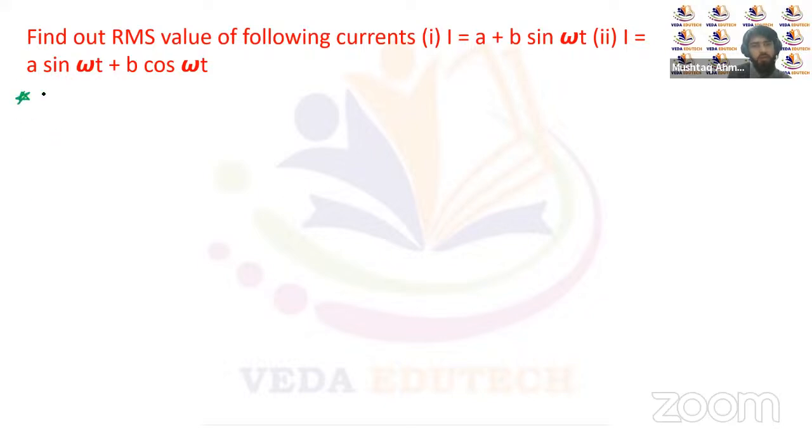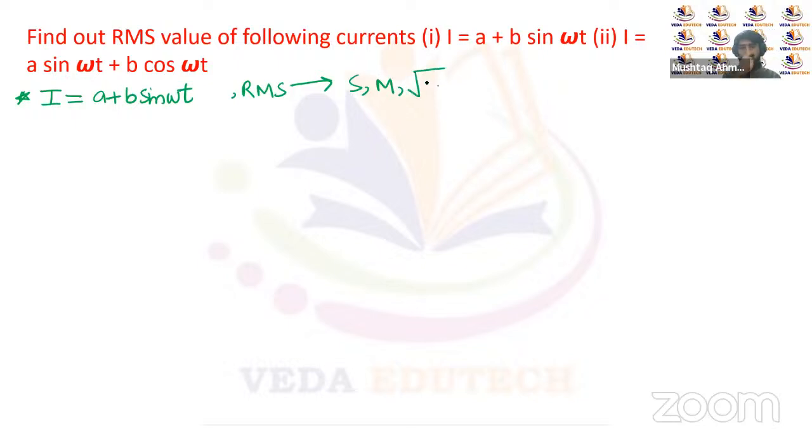So for the first part, the current is given as I = A + B sin ωt. We have to find its RMS value. For calculating the RMS value, we take the square first, then take the mean, and then take the root. So this is how we can calculate the RMS value.